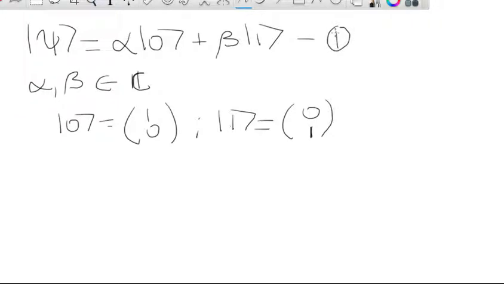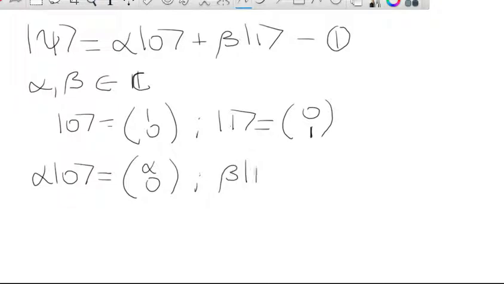Let's write equation 1 in terms of the matrix form. So what we can look at first is alpha times ket 0. Alpha times ket 0 is equal to (alpha, 0), where this has simply come from multiplying alpha to this here. And we do the same again for ket 1. So beta times ket 1 is equal to (0, beta).